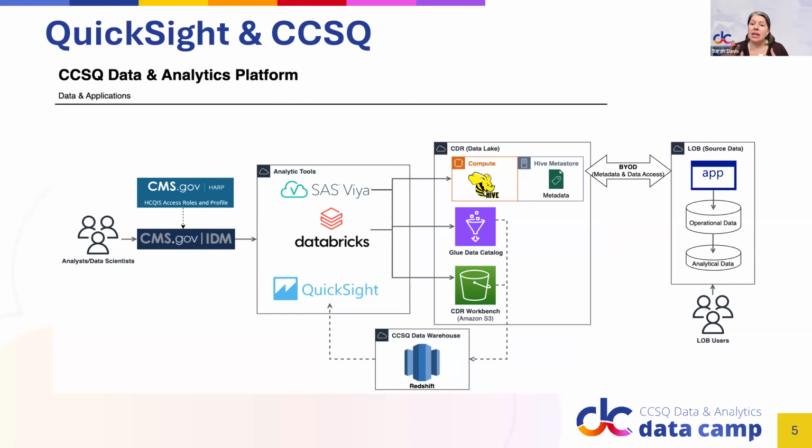Behind the scenes, data coming from SASVI and Databricks are available and connected through to QuickSight through an Amazon S3 bucket and then hosted externally on our Redshift CCSQ data warehouse instance. So that's how data goes from your SASVI workbench or your published folders in SASVI and Databricks to QuickSight.